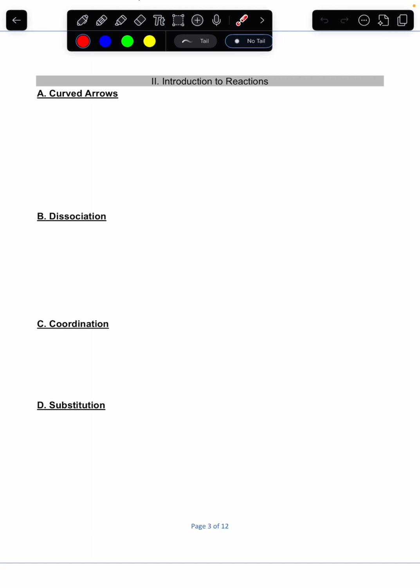To explain a chemical reaction, we just have to explain what happens to the valence electrons, and that's it. Because of that, it's nice to show the movement of electrons with a particular notation, and we call those curved arrows, because they're arrows that are curved.